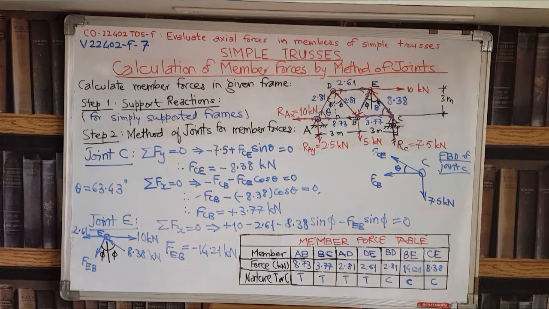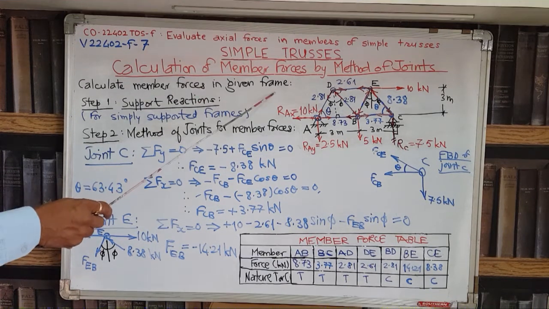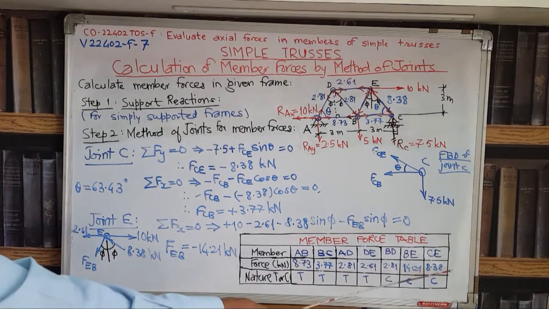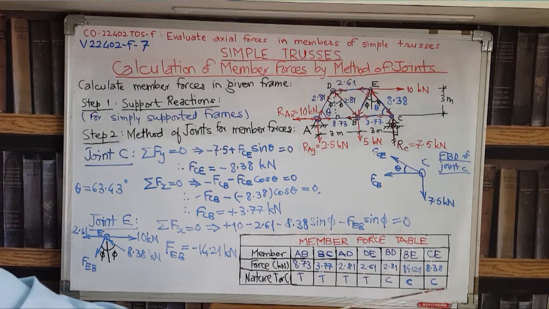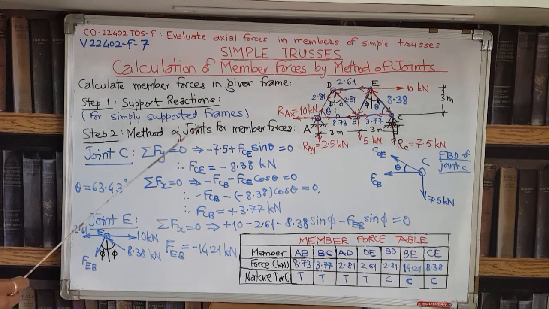So friends, we have come to the end of this problem. Our task was to calculate member forces in the given frame. There were 7 members and we have calculated the forces in all the 7 members, and we have also decided their nature, whether it is tension or compression, and we have used the method of joints to calculate these member forces.